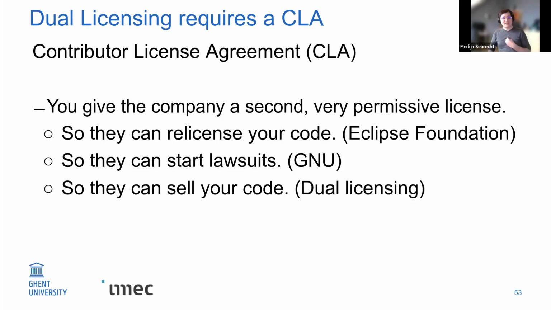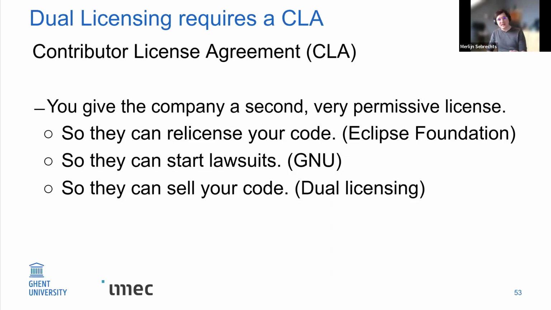So normally, as a developer, if you contribute to an open source project, you implicitly agree to give your code changes to the owner of the code base under the same license as the code base itself. So if the code base has an MIT license and you submit a patch to that code base, implicitly you give your code away under the MIT license.